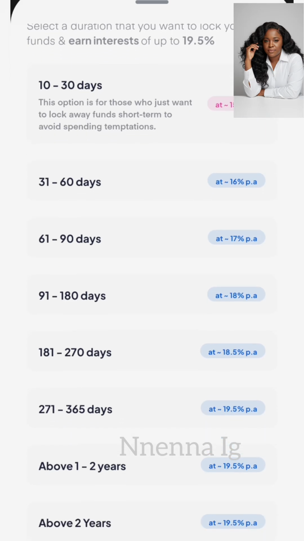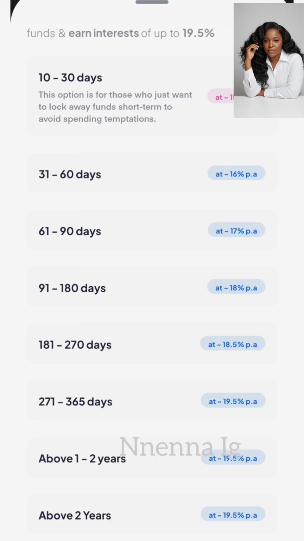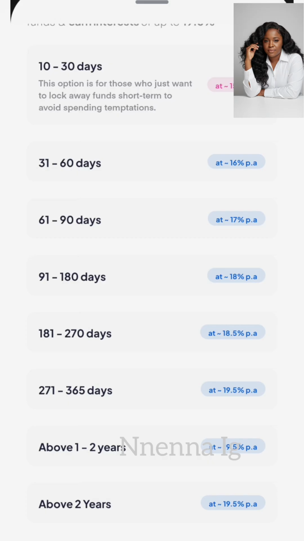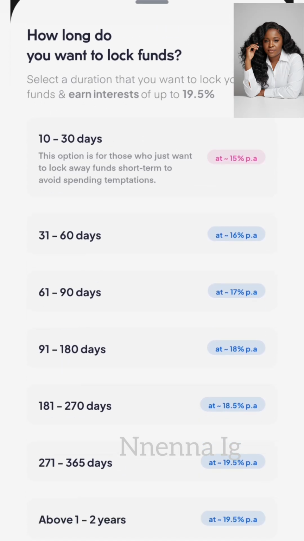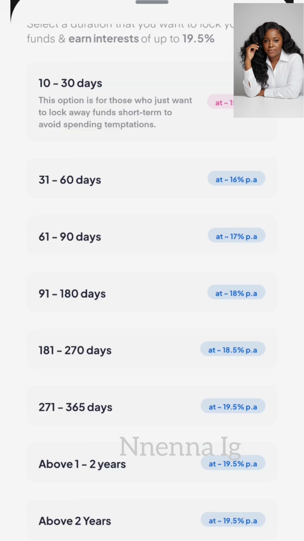So if you know you're going to touch your money in the shortest while, put it there. Or if you are sure you can lock it for at least 15 days or 30 days, the interest is higher, so you just put it there. Personally, there are some payments that I used to do upfront, because I don't want anybody to remind me.